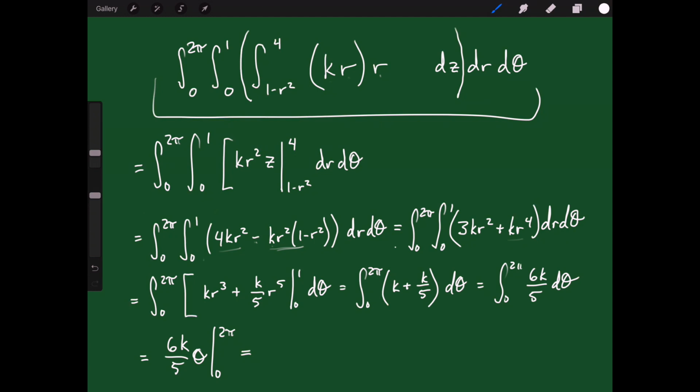Plug in the 2 pi, and I get 12k pi over 5. And if I plug in 0, I just get 0. So the answer is 12k pi over 5. And that would be the mass of that object given that density function.